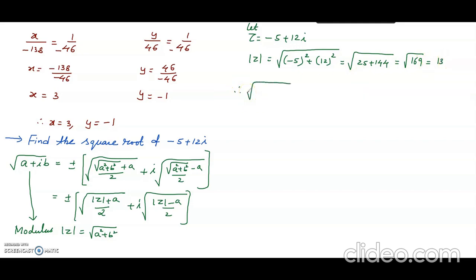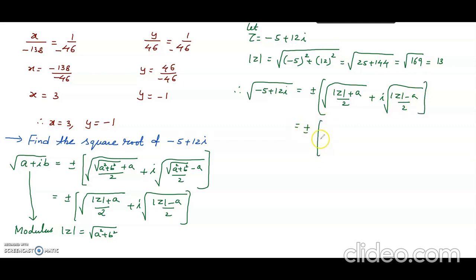Therefore, let us find the square root of this complex number. Square root of minus 5 plus 12i is equal to plus or minus under root of (mod z plus a) by 2, plus i into under root of (mod z minus a) by 2. So plus or minus, under root of mod z is 13. The value of a is minus 5.